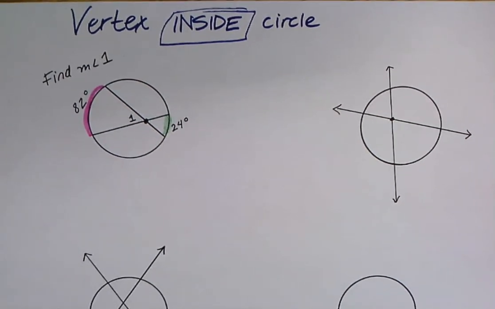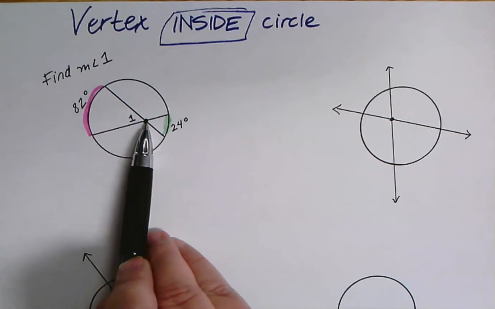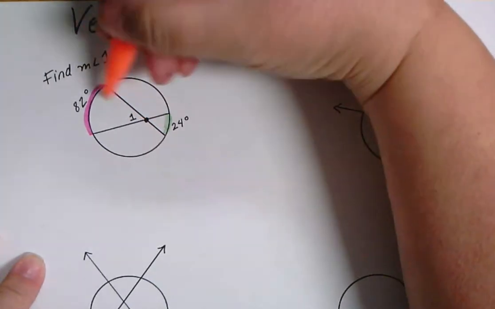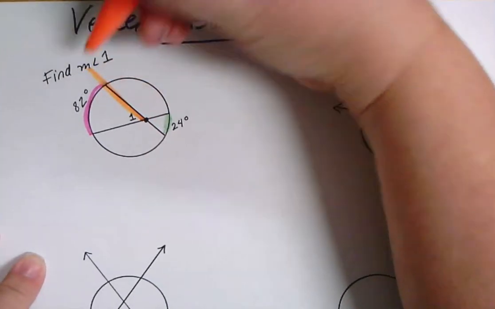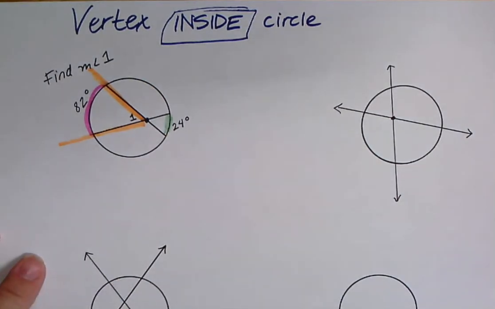When you have your angle inside the circle, when the vertex is inside the circle, one of the intercepted arcs is where we'd kind of expect it to be. Meaning if I trace the two sides of this angle like this, there it is. It's in between the two sides of the angle. The other one is basically behind it.